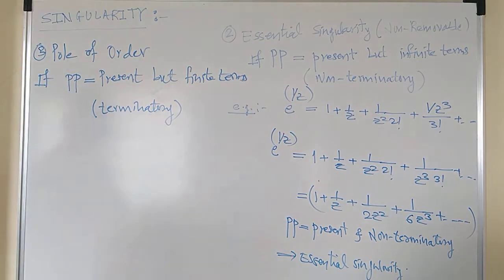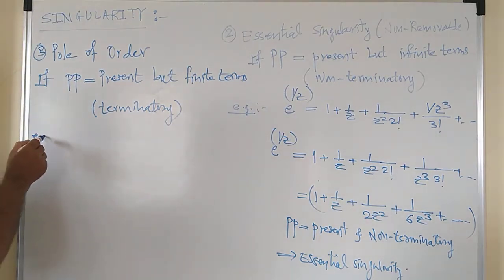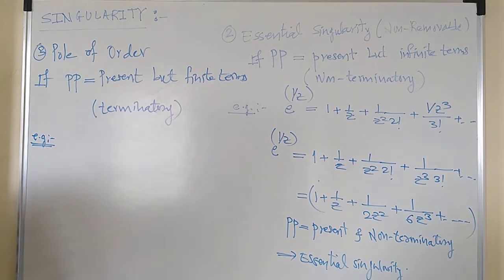So this kind of singularity is called the pole of order, and let us see the example.